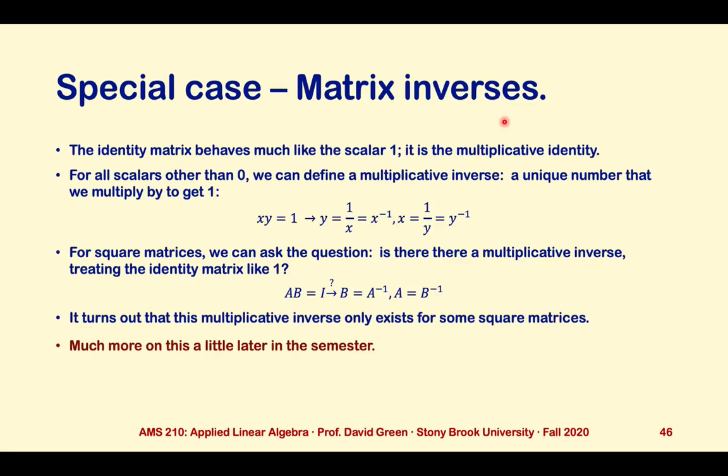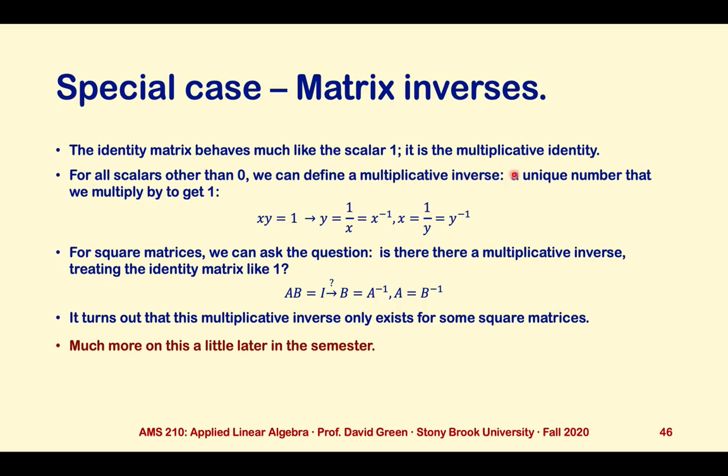Another special case that we're really not going to be getting into right now very much, but we will later, so I'd like to prime the pump a little bit by introducing the concept. If the identity matrix behaves a lot like the scalar 1, it's the multiplicative identity, we might think about whether there are other things that we can take lessons from scalars. In scalars, for everything other than 0, we have something called a multiplicative inverse.